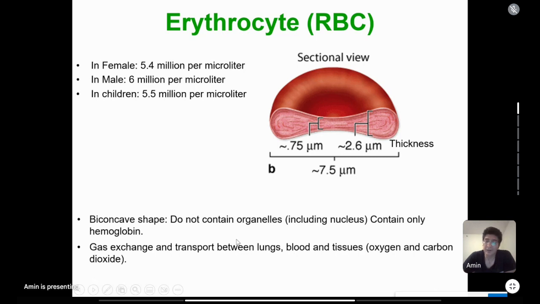They don't have organelles, don't have a nucleus, just hemoglobin for transporting oxygen and carbon dioxide. As you know, the function of the erythrocyte is gas exchange and transport between lung, blood, and tissue: oxygen and carbon dioxide.